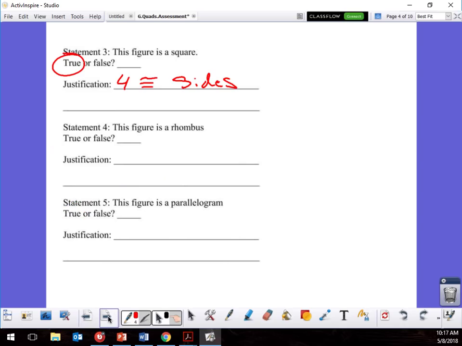In a rhombus, diagonals are not congruent. Okay, so this is false. Is that how you pluralize rhombus? Okay, rhombuses.